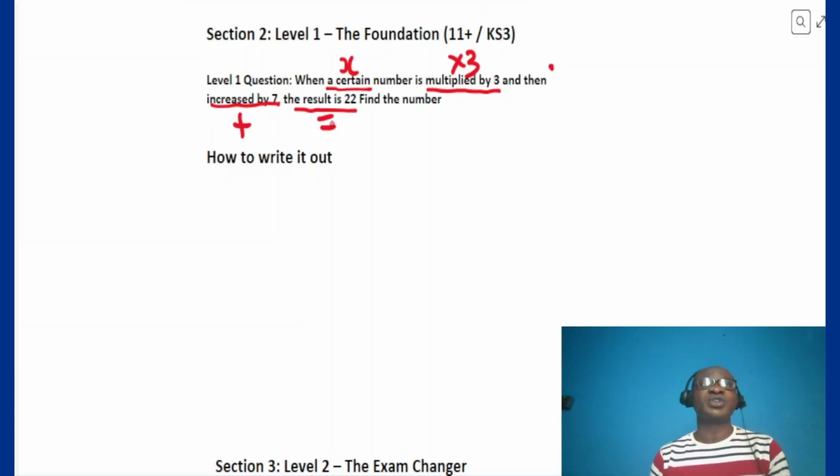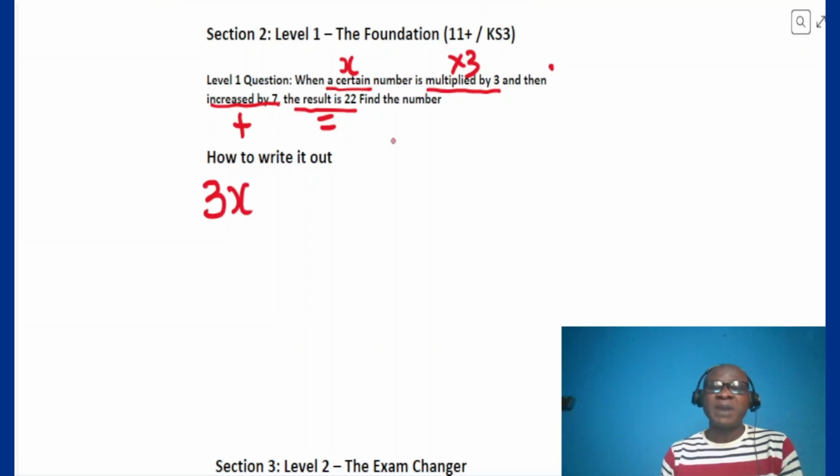How then do we use all these things? Remember, the certain number is the unknown number. Now, we have multiplied it by 3. So writing it out, the unknown number is multiplied by 3, and 3 multiplied by x is going to give me 3x.